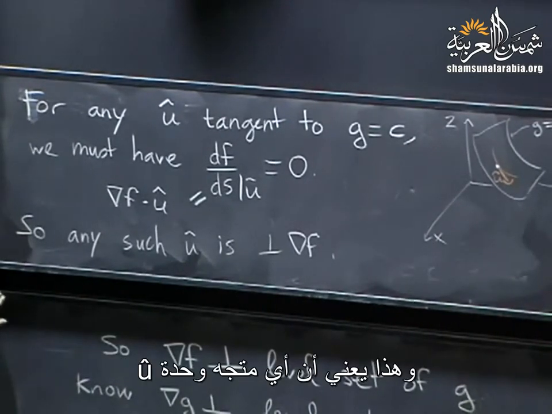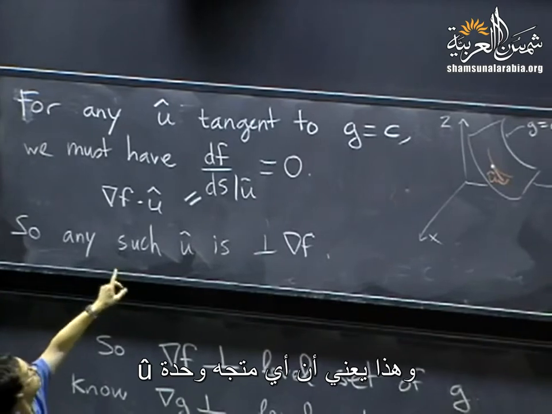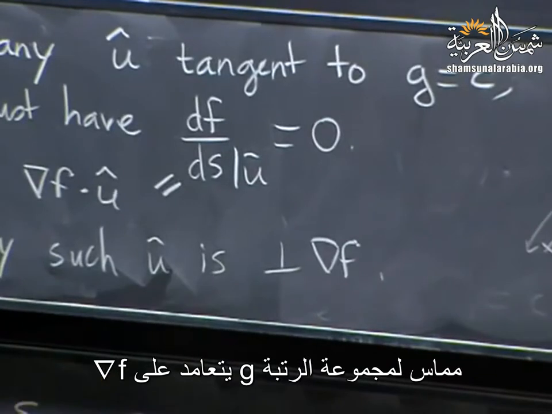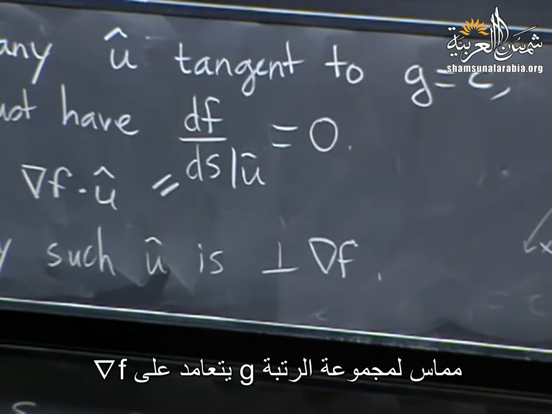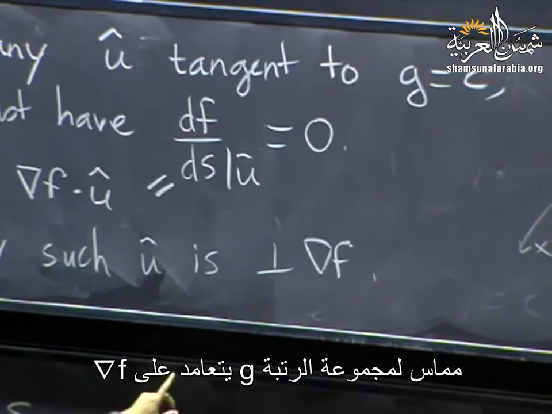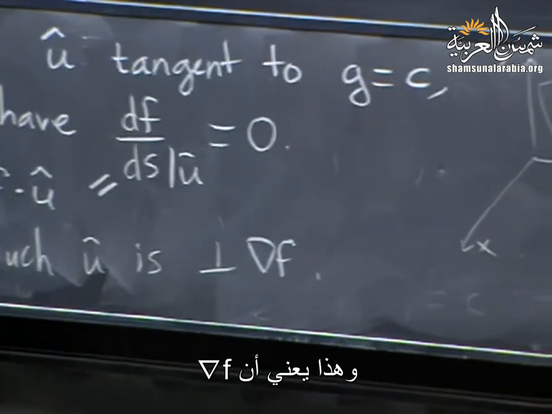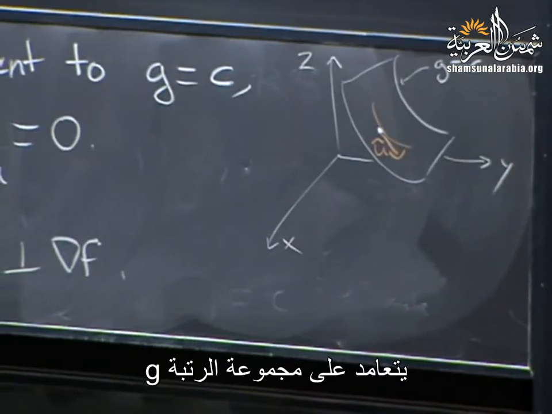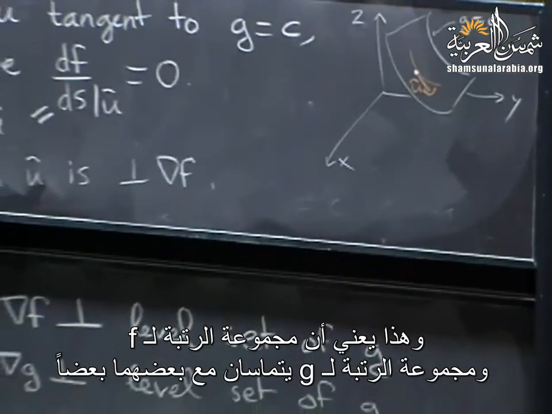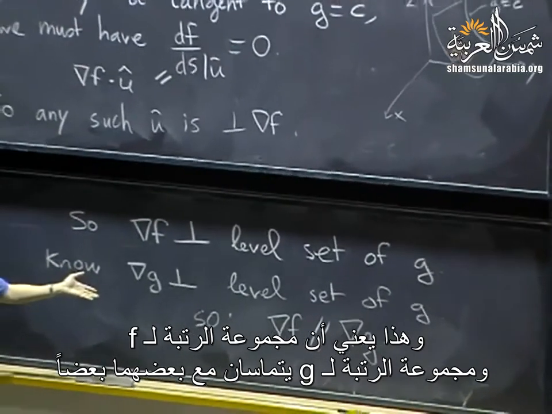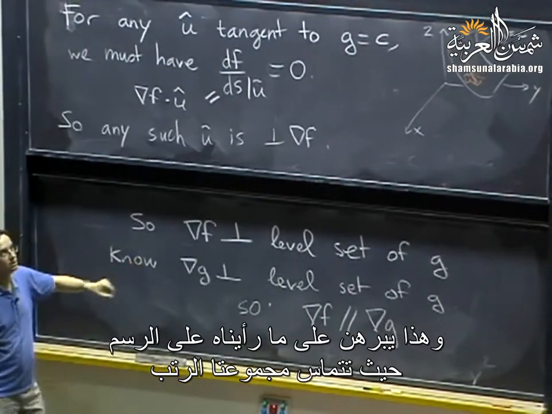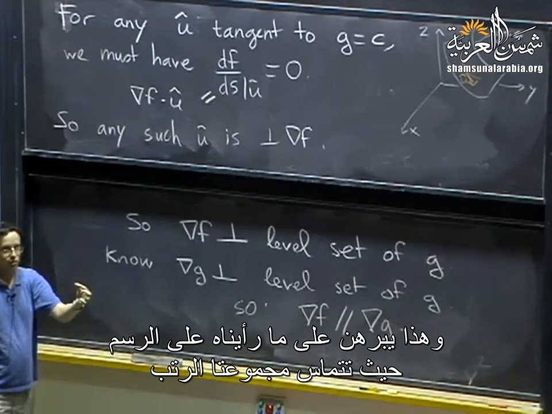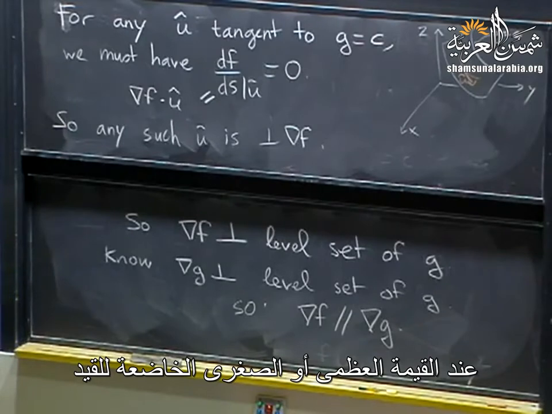So any unit vector u hat tangent to the level set of g is perpendicular to the gradient of f, meaning the gradient of f is perpendicular to the level set of g. If you want, that means the level sets of f and g are tangent to each other. That justifies what we observed on the picture, that the two level sets have to be tangent to each other at the constrained minimum or maximum.